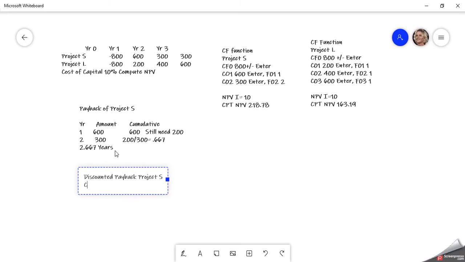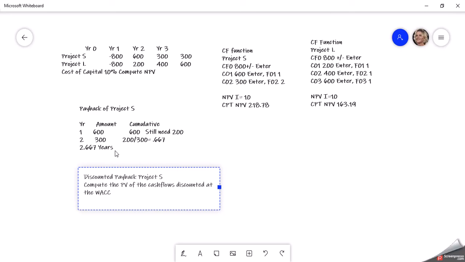compute the present value of the cash flows discounted at the weighted average cost of capital.